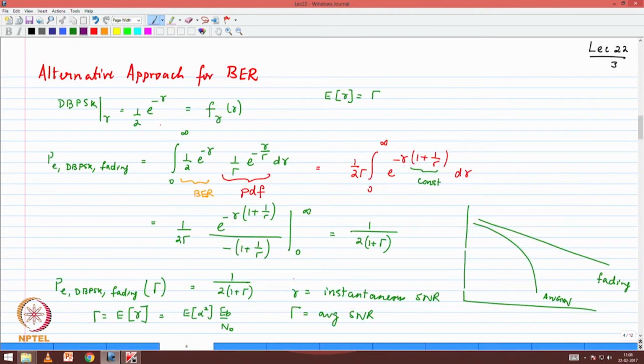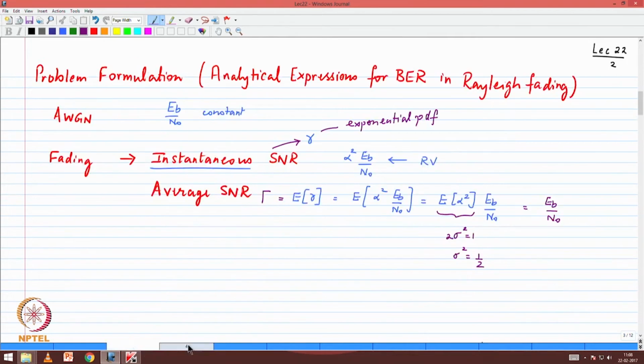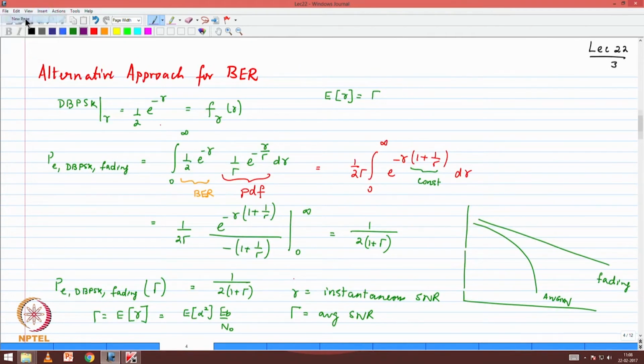Then the next part, maybe we can summarize this in the following manner. Let me just write it down, since a few people said that this is not very familiar. So we have defined an instantaneous SNR, gamma, and this is equal to alpha squared Eb/N0, and we have said that the average gamma is equal to the expected value of this random variable.